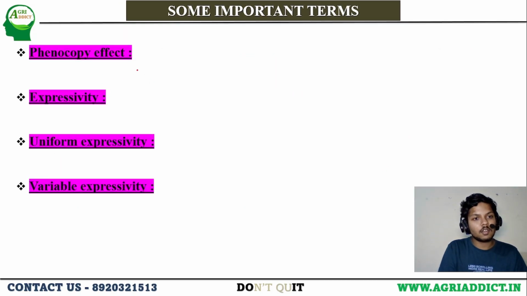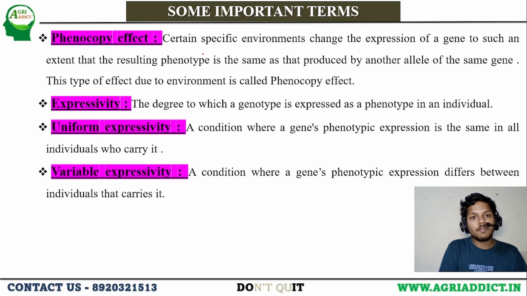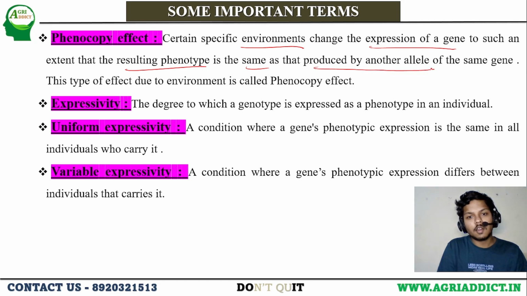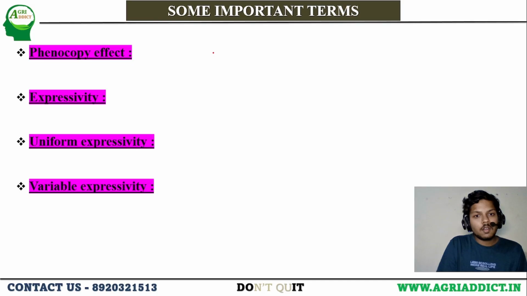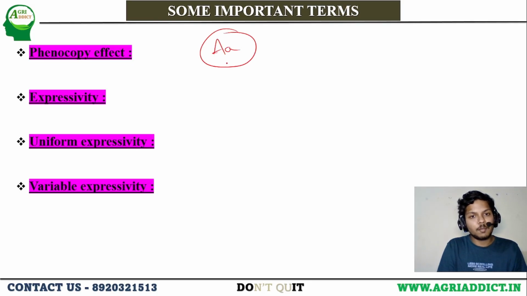And these are some other terms, like phenocopy effect. Phenocopy effect means in some environments, the expression of a gene will be such that the resulting phenotype is the same as that produced by another allele. Then we call it phenocopy. This is the genotype of the plant. Means the plant should show tall.